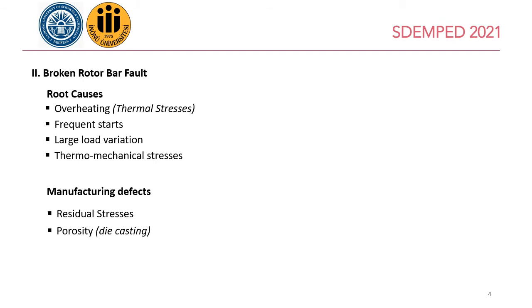Here, what the broken bar fault actually is, is described. Following are the root causes in electric machines: overheating, frequent starts, large load variations, and thermomechanical stresses. In manufacturing defects, residual stress and die casting are the major root causes of the faults.